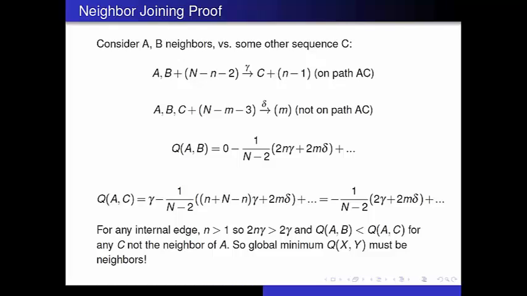So basically I'm saying lowercase n is the number of sequences that are on this side of edge gamma. Then here's another possible edge that is not on the path from A to C. In other words, A and C are on the same side of this edge.